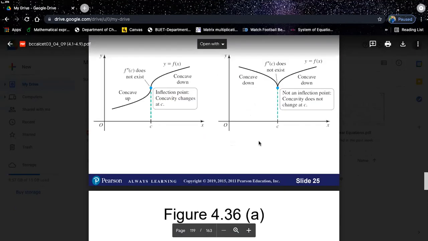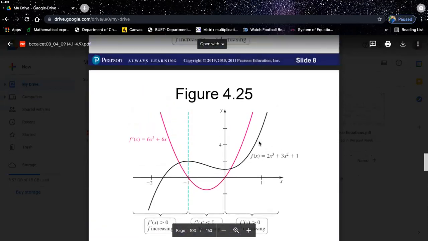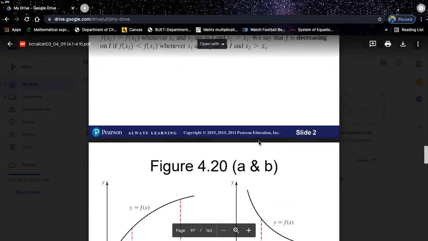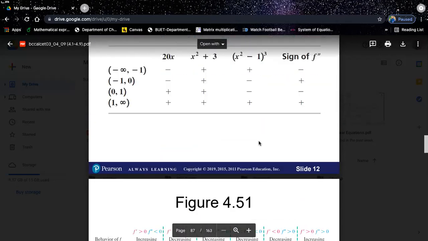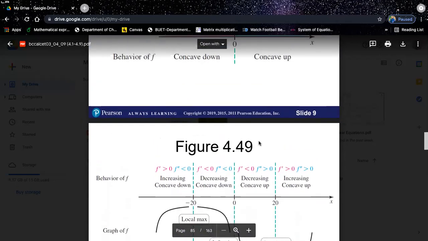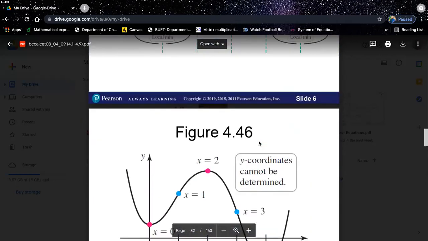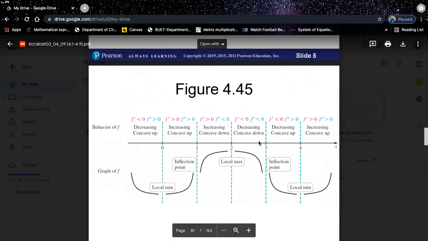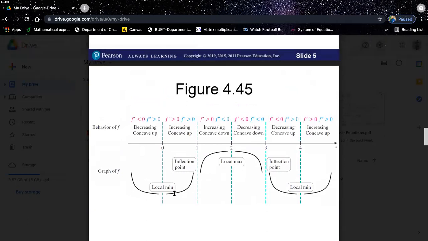Okay, let's go back to 4.4 and see if we can use this information to draw the graph. For this part of the graph, you can see if I start drawing tangent lines here, the slope is actually getting increased as I'm moving to my right.